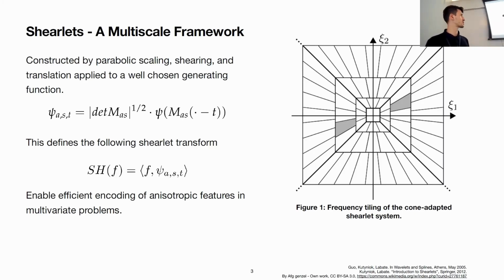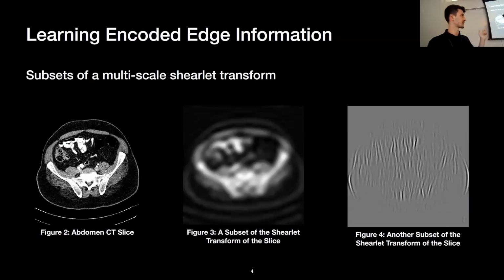Another Shearlet transform that I implemented produced 61. This one here produces 59 subsets. So yes, it is variable.